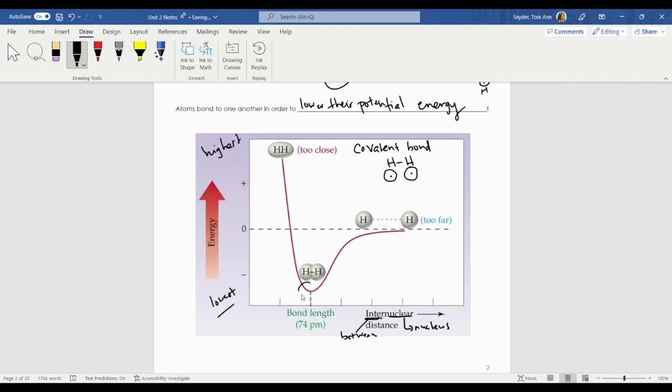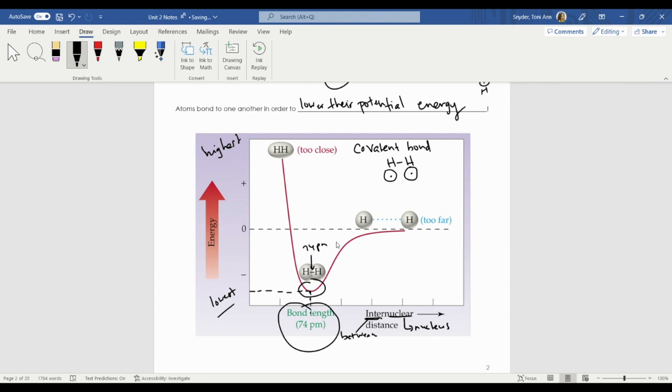This is the most important point on the graph, and that's because this is where your potential energy is the lowest, right at this point. And that particular spot on my x-axis corresponds to the bond length. So this would be the distance between those 2 nuclei right here. This bond is 74 picometers long.